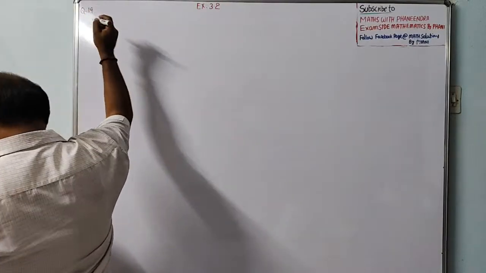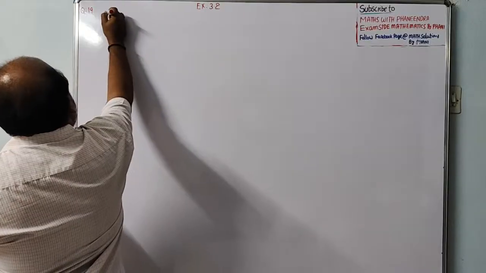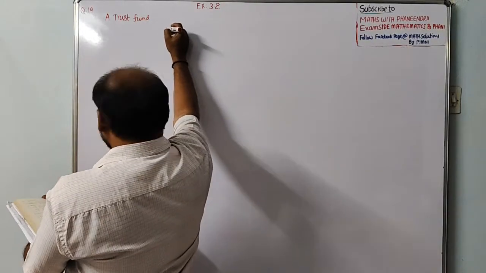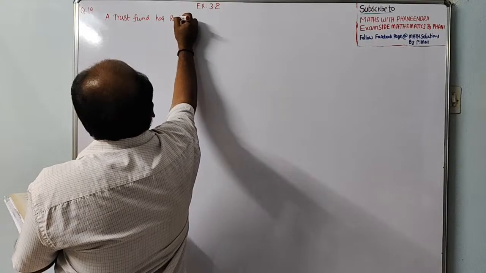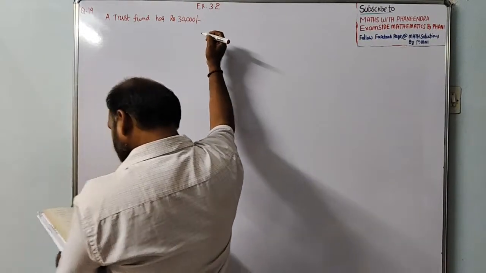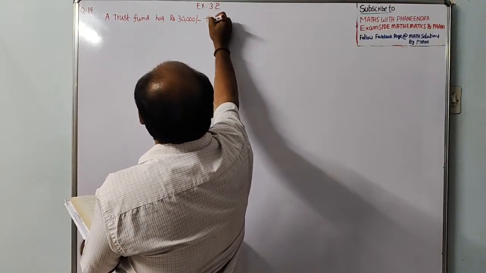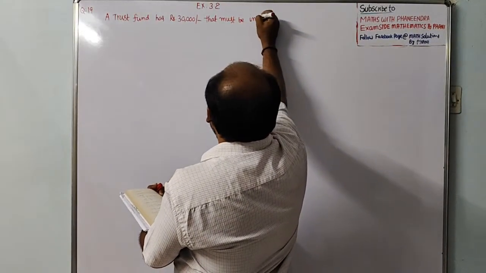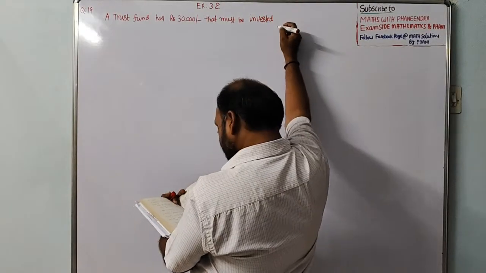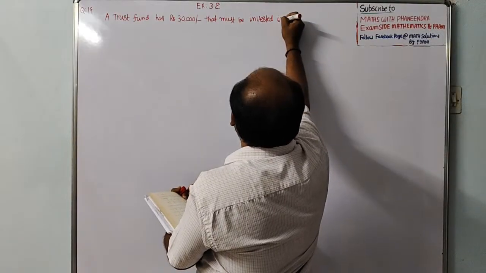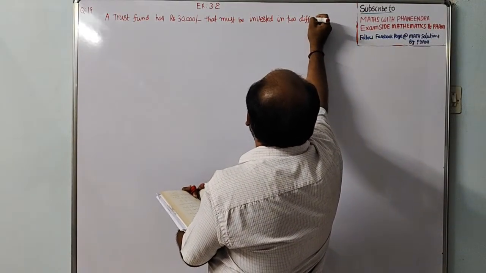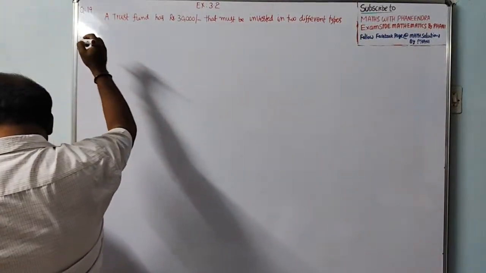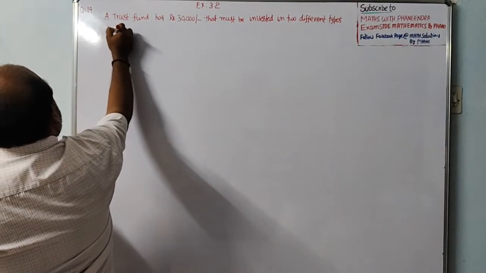Next, question number 19. A trust fund has 30,000 rupees that must be invested in two different types of bonds.